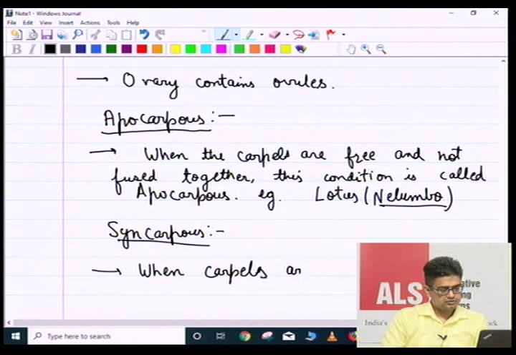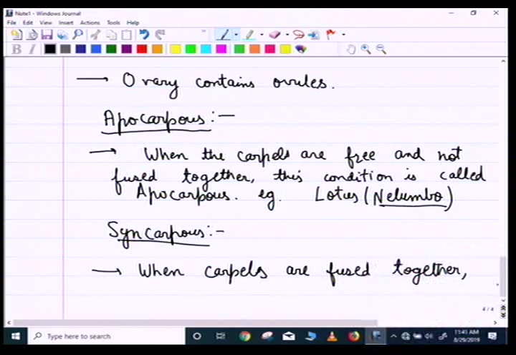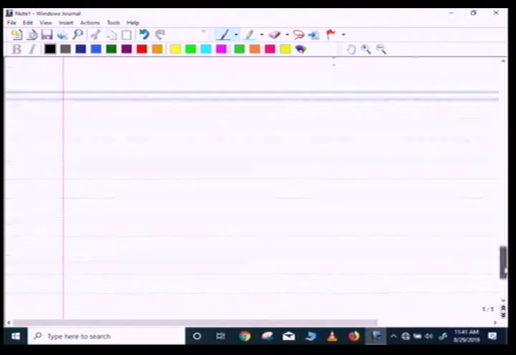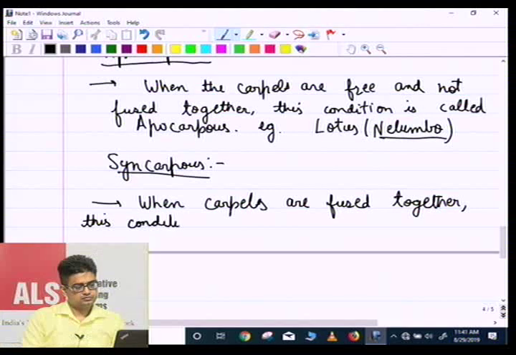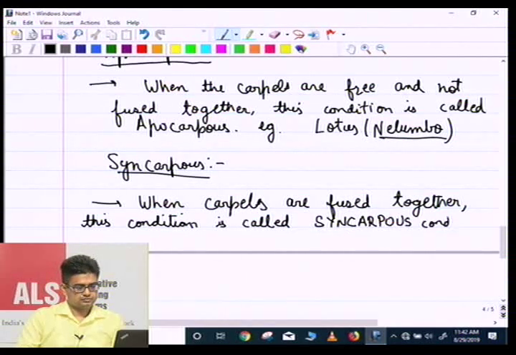When carpels are fused together, this condition is called syncarpous condition.